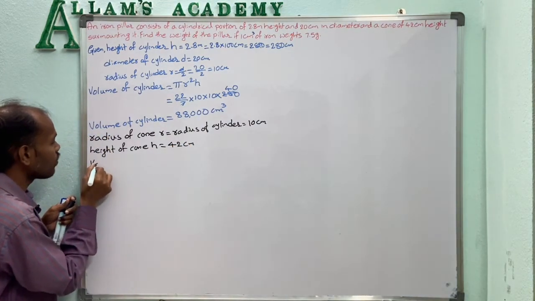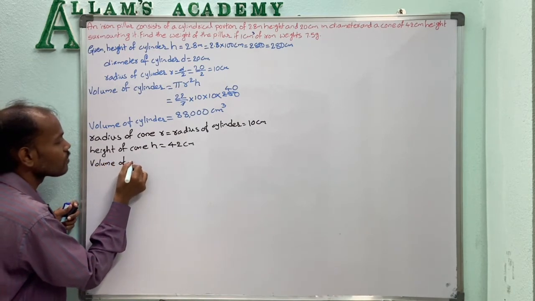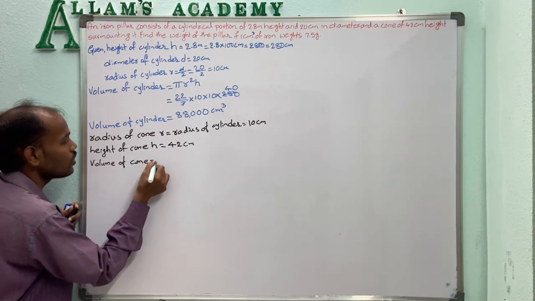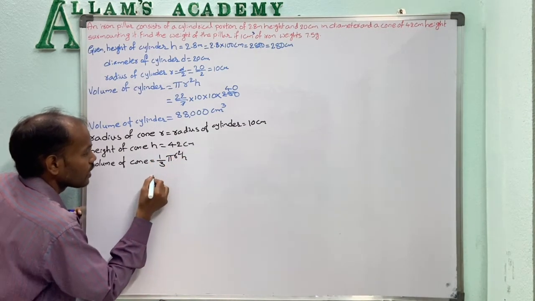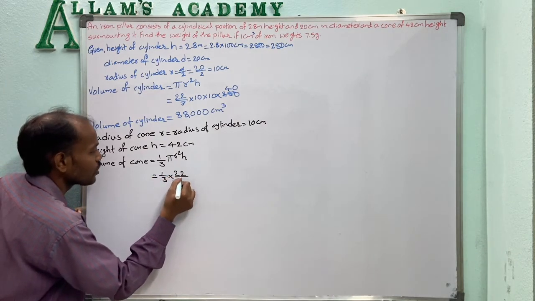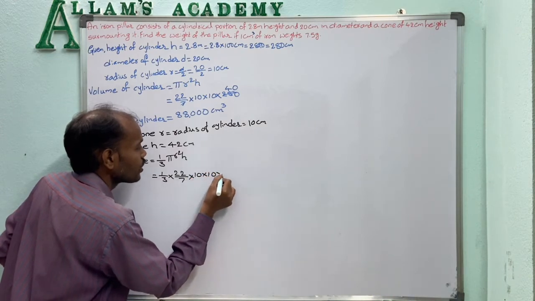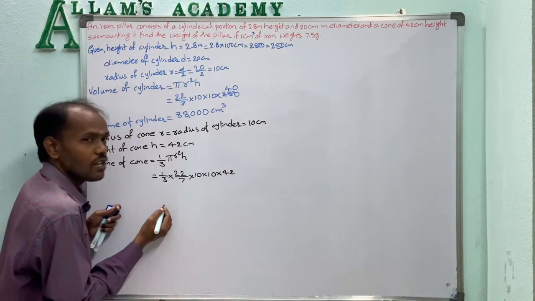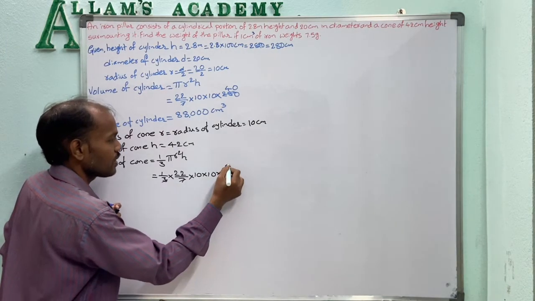Volume of cone equal to 1 by 3 pi r square h, that equals 1 by 3 into 22 by 7 into 10 into 10 into 42. So 7 ones 7, 7 sixes 42, 3 ones 3, 3 fourteens 42, so 2.